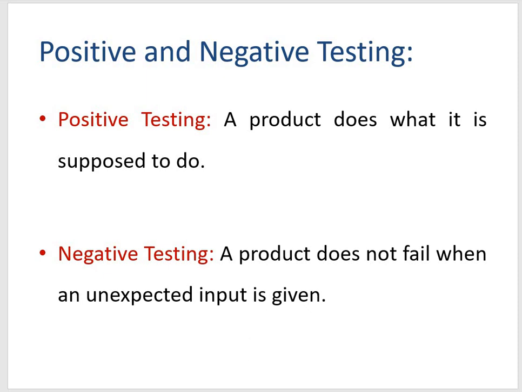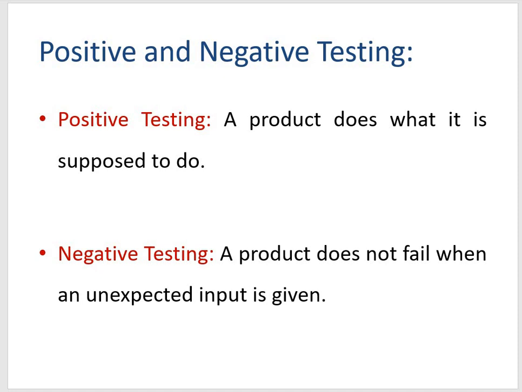Now next is your positive and negative testing. In the case of positive testing, it says that a product does what it is supposed to do, that means it's serving the entire purpose.